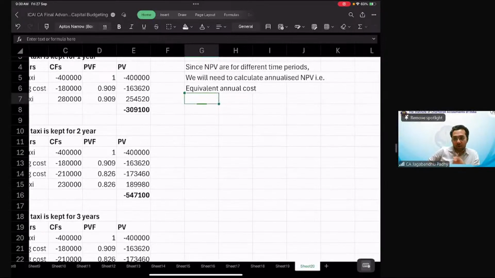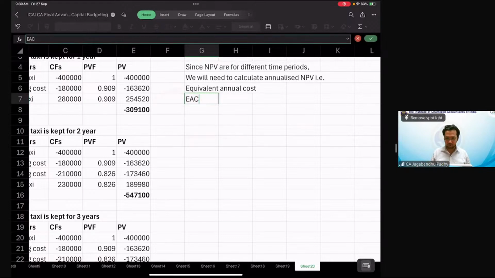This is what you might have already done in the CA Inter chapter of investment decisions, right? Do you remember? So equivalent annual cost will be calculated as NPV divided by present value annuity factor, right?